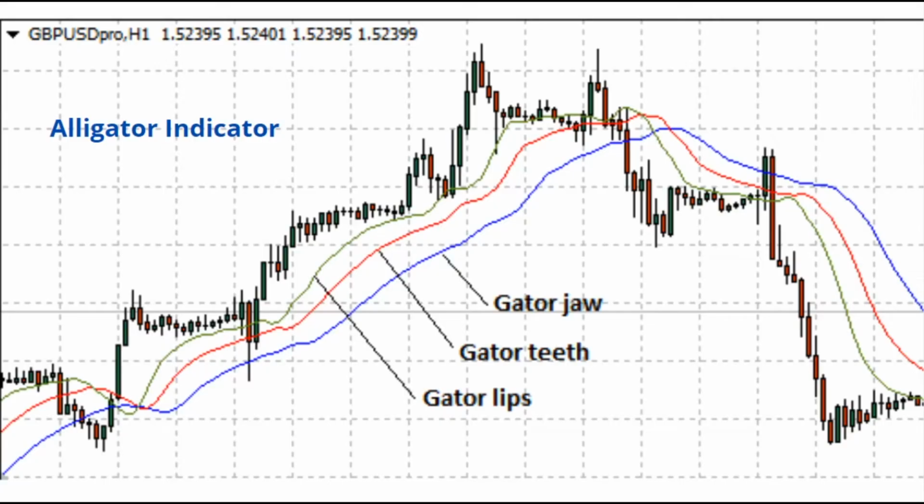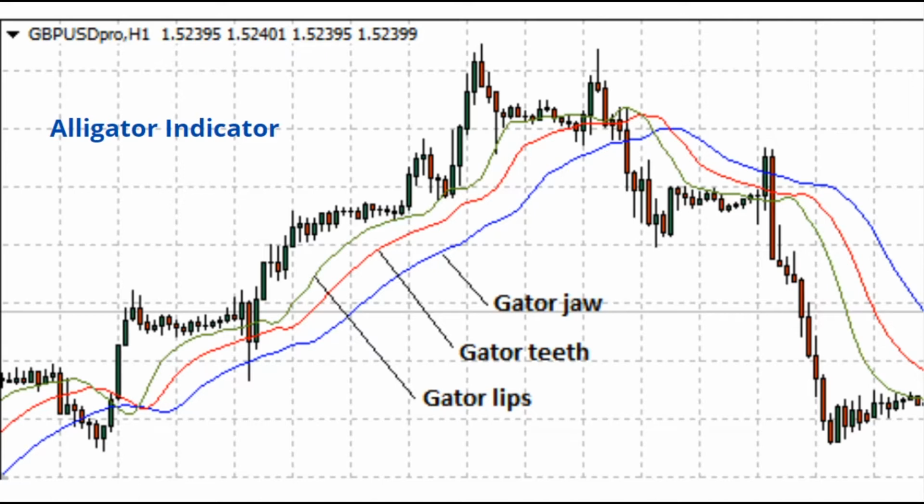This indicator is perhaps Bill Williams' most famous invention. The indicator consists of three balance lines, which are basically moving averages of varying lengths that are moved forward a certain number of bars into the future.